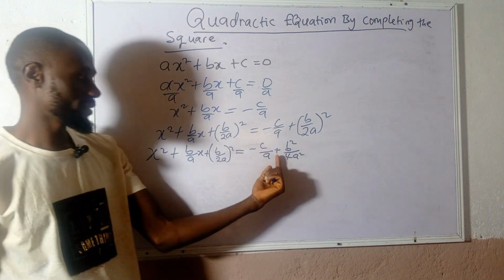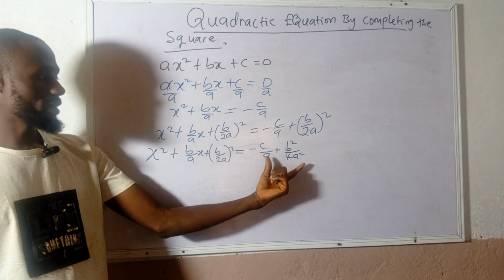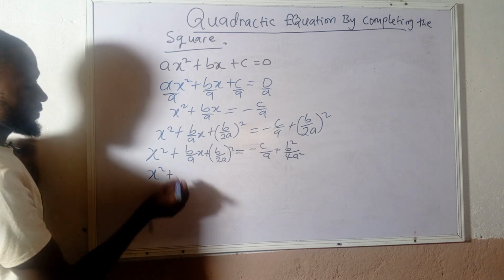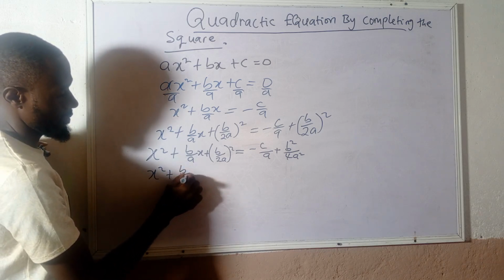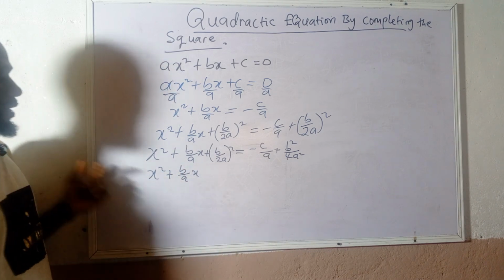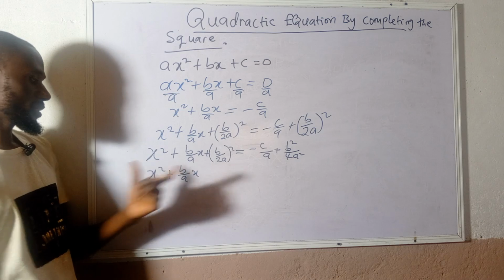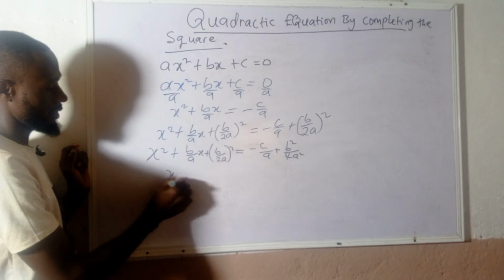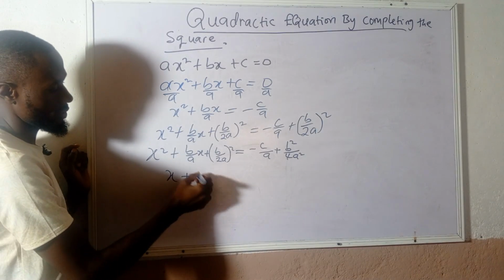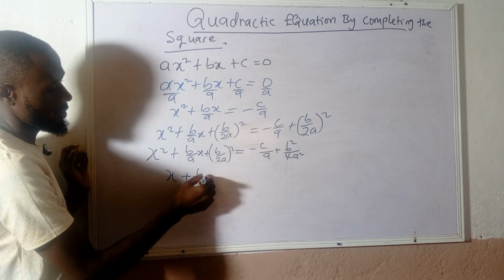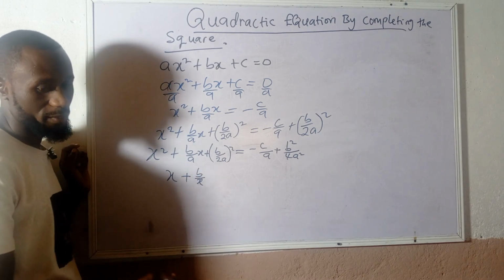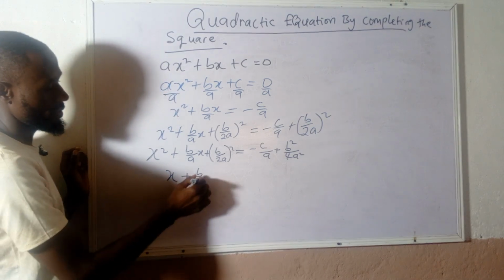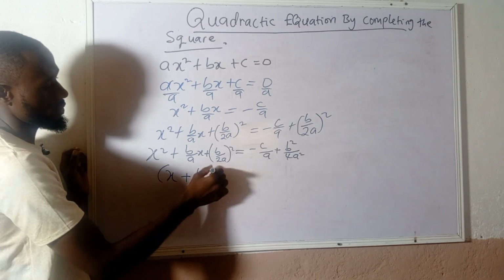Since it's separated by addition, that's the LCM. Here we have x squared plus b all over a x. We can factorize the right hand side. By factorizing, you will have x plus b all over 2a, all squared.